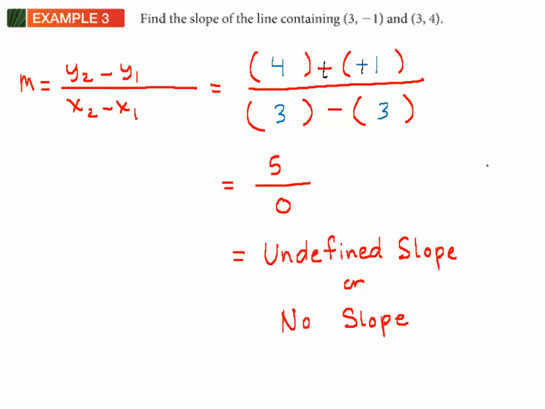But of course, I'm curious. Now my question is, what kind of graph would give me a no slope or undefined slope? So I'm going to graph it real quickly here. 3, 1, 2, 3, -1, my first point. Then I have 3, 1, 2, 3, 4. Hey.